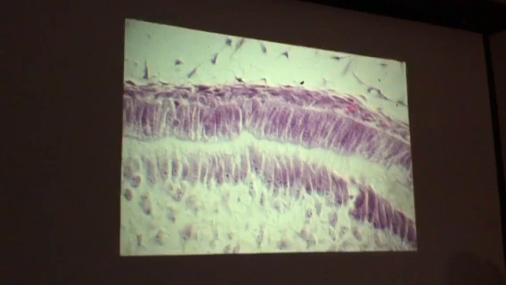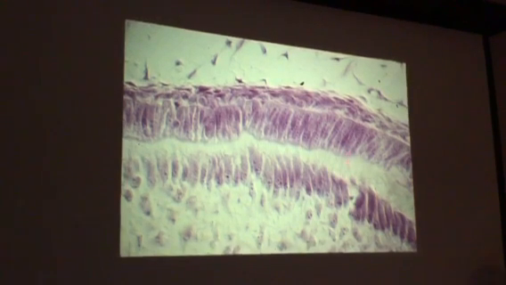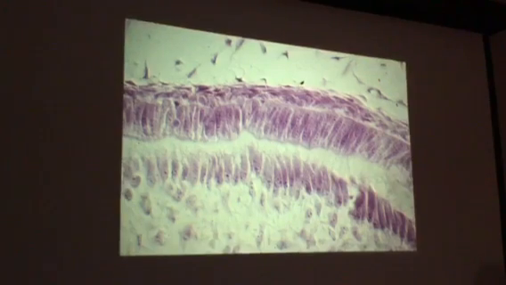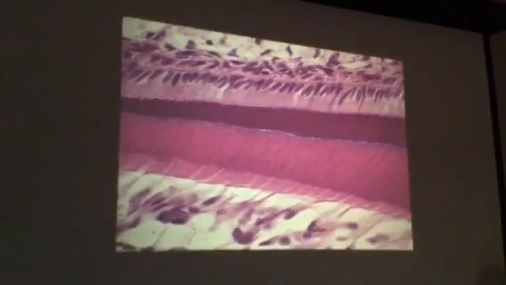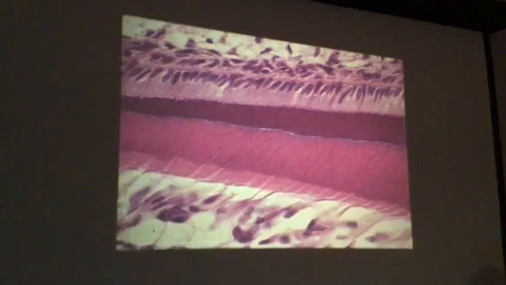Okay, and how about that layer right there? Stratum intermedium, and right there, that thing is an odontoblastic process. Okay, and how about that structure we see right there, and right there, and right there?